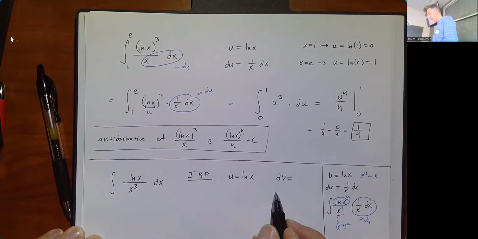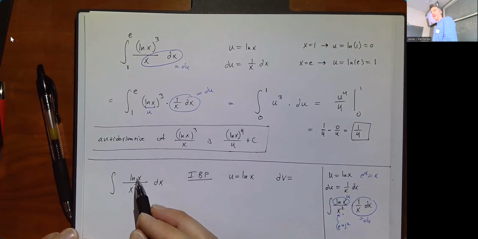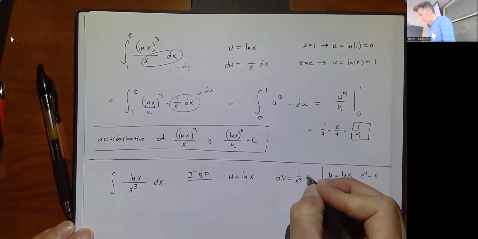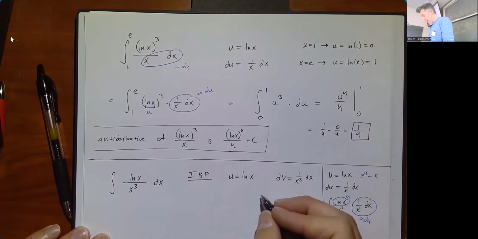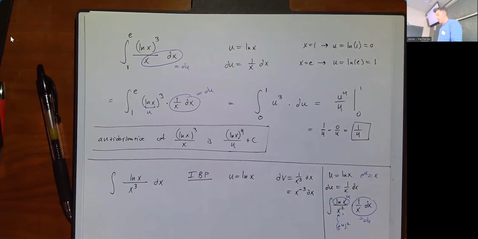So looking at this one, if u is natural log of x, dv is everything that is multiplying it. So that's going to be 1 over x cubed times dx. Or preferably, since I know I'm going to have to integrate it, I should really write that as x to the negative third times dx. So now I need to find the rest.